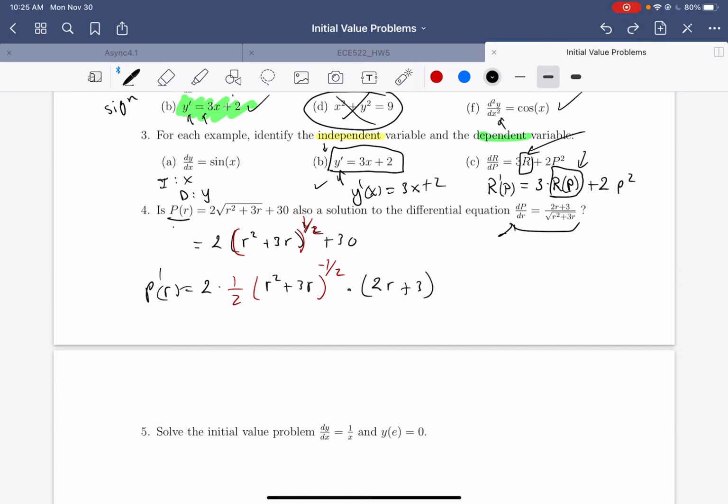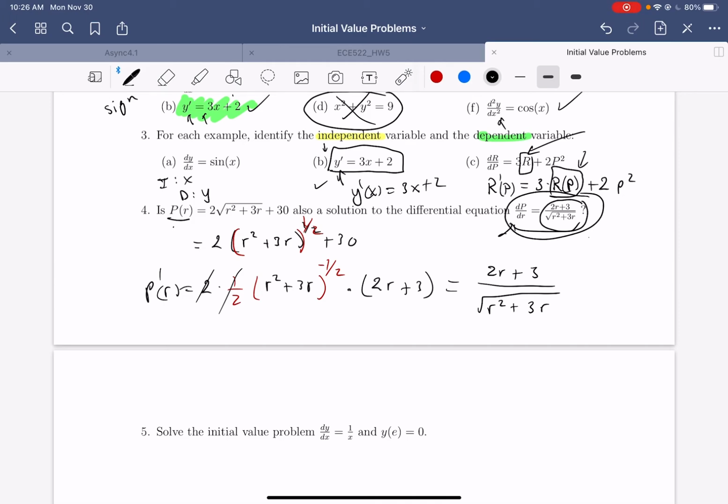Let's see if this is in fact equal to the right-hand side. So this 2 and 1/2 cancel. And if I change this exponent back to being a radical, then it looks like 1 over the square root of r squared plus 3r, and this 2r plus 3 is on top. And yes, this is in fact a true statement.